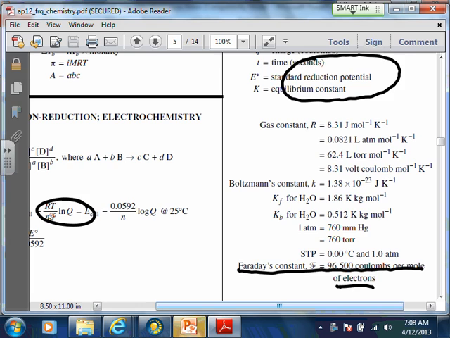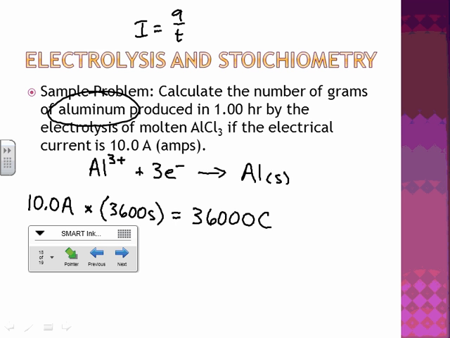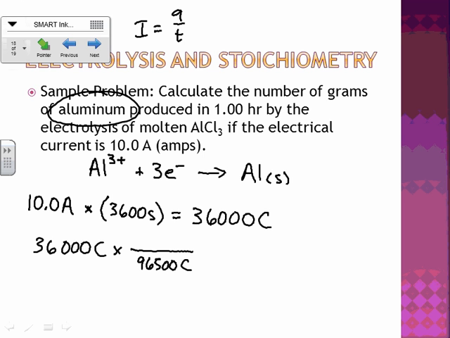All right? So we go back over here. We got 36,000 coulombs, okay? And then we're just going to say that there are 96,500 coulombs in 1 mole of electrons, okay? Now we've converted to moles of electrons.